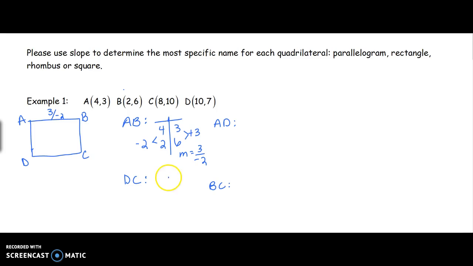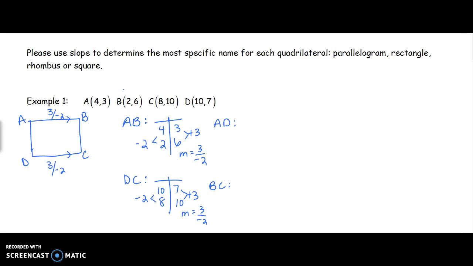For DC, D is 10, 7. C is 8, 10. So from 10 to 8 is minus 2. From 7 to 10 is plus 3. So again, the slope is 3 over negative 2, which means that these two lines are parallel. They have the same slope, which means they're parallel.